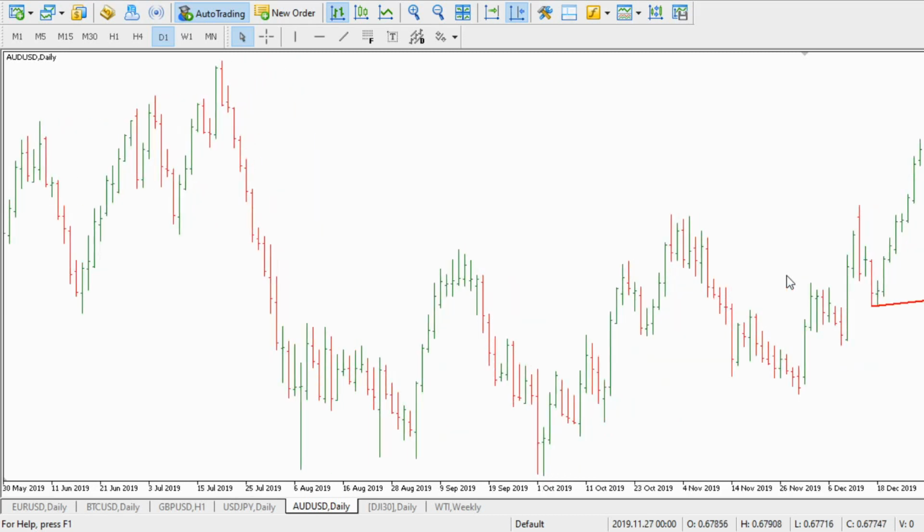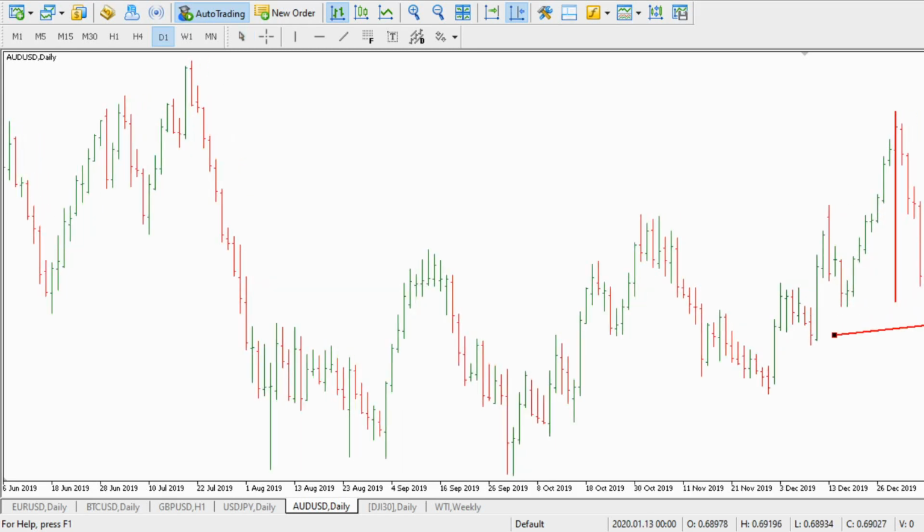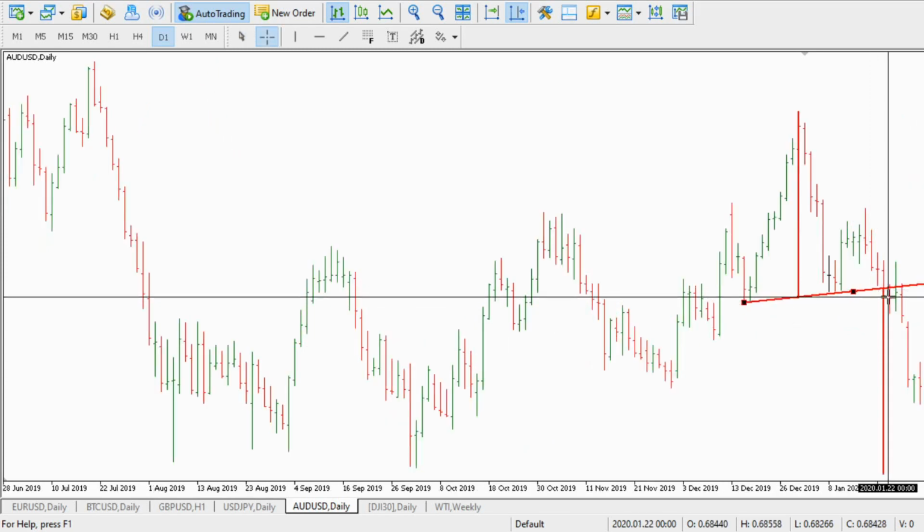Let's see how this figure appears in front of us. At this point you can see this is the left shoulder, the head and the right shoulder. At this moment we have to put here the neckline and expect this break of the neckline.